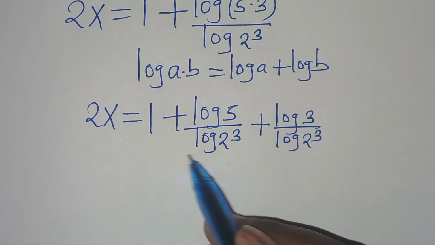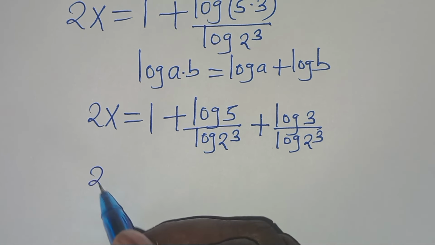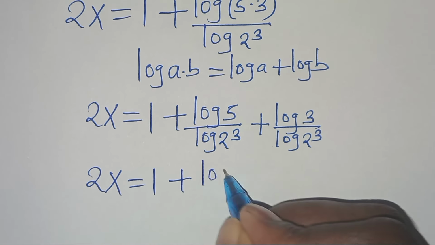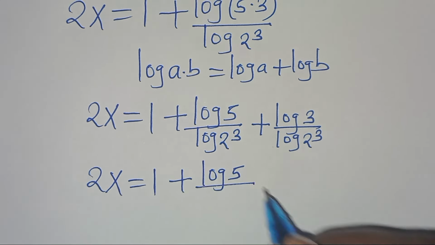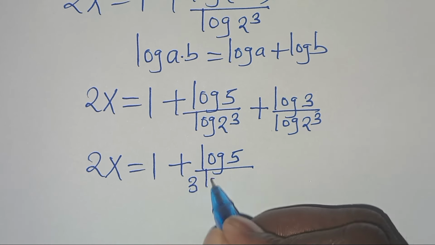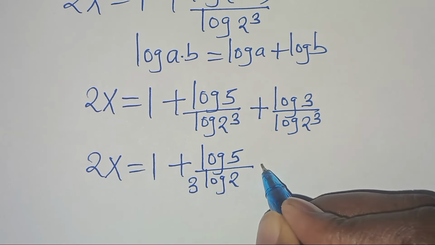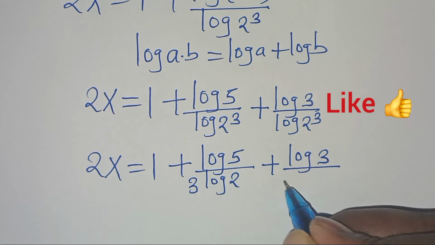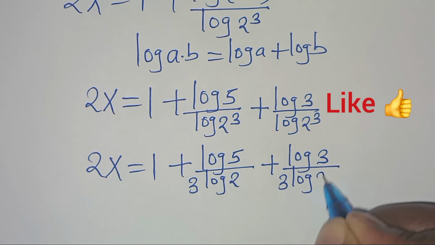The next step is to apply the power rule property here so that we have 2x. This is equal to 1 plus, this is log 5 divided by 3 log 2, then plus log 3 divided by 3 log 2.